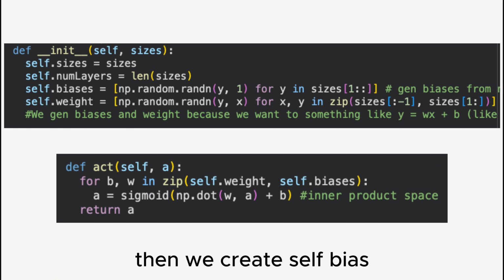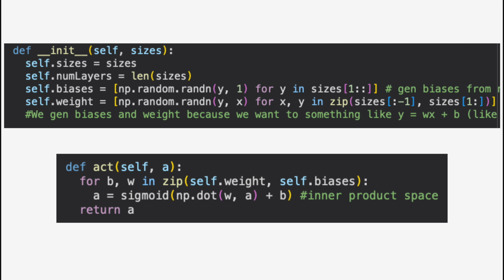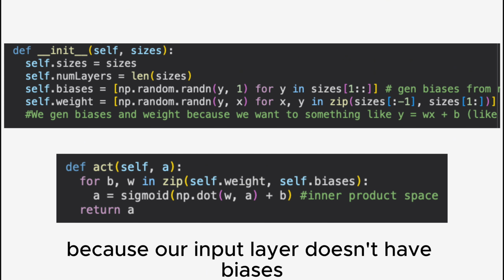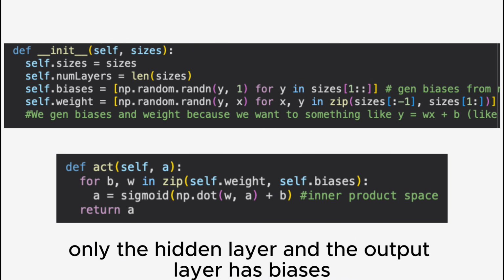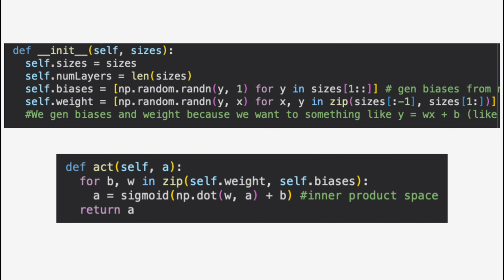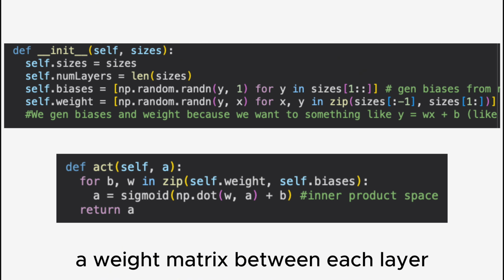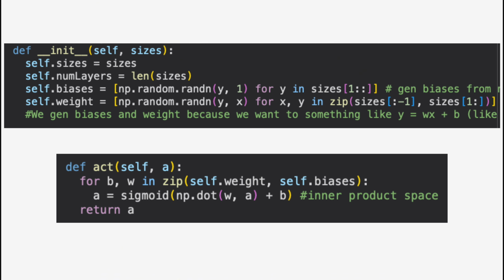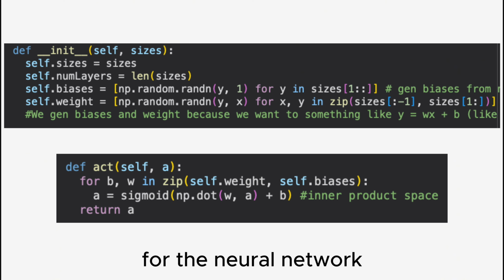Then we create self-bias, which is used to create a bias vector for every layer, and we start from 1 because our input layer doesn't have biases. Only the hidden layer and the output layer has biases. Then we use self-weight to create a weight matrix between each layer. All of this is used to set up the parameters for the neural network.